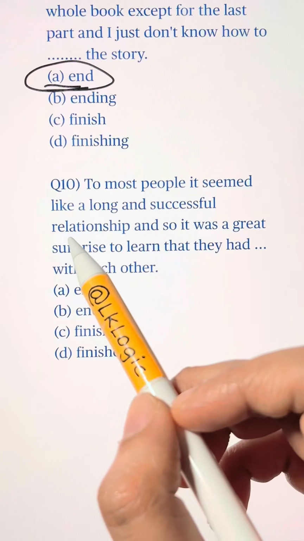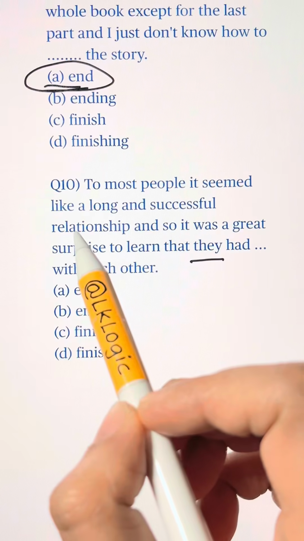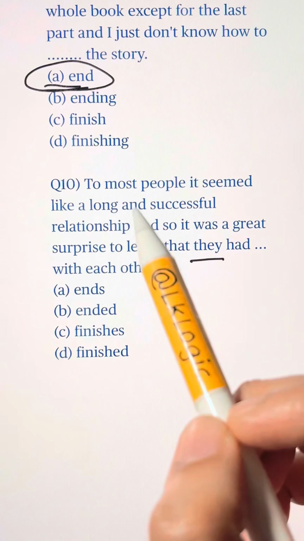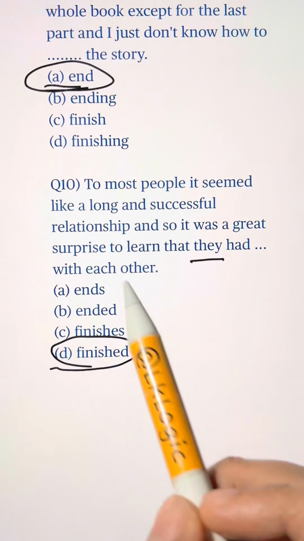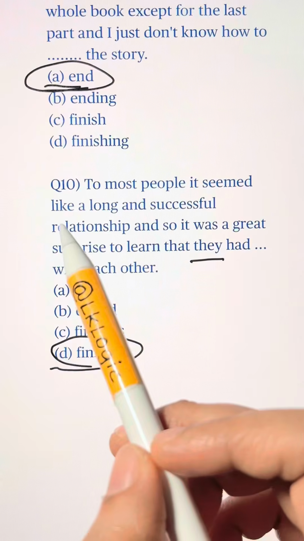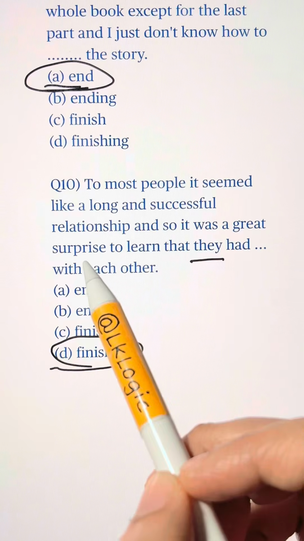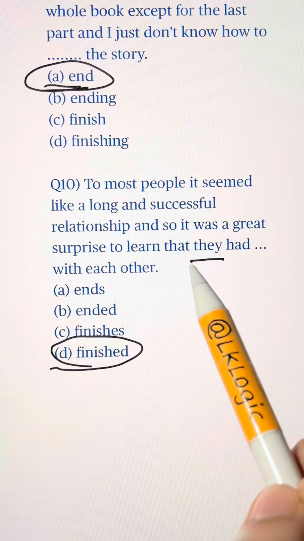Long and successful relationship. So, they had completed an action. So, they had finished something, right? Finished is your answer. To most people, it seemed like a long and successful relationship, and so it was a great surprise to learn that they had finished with each other.